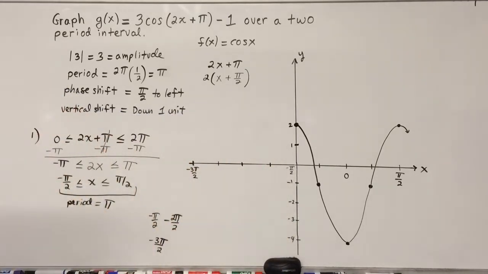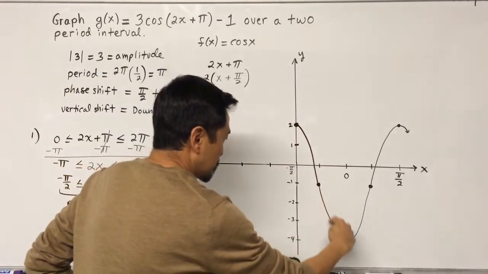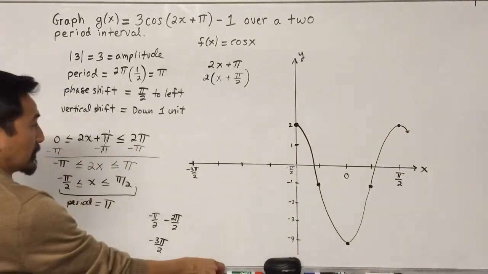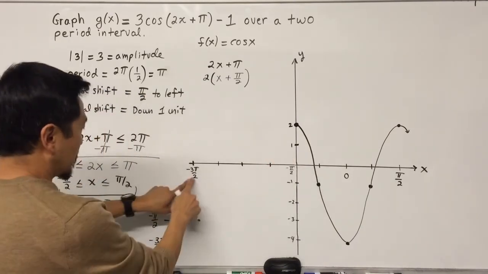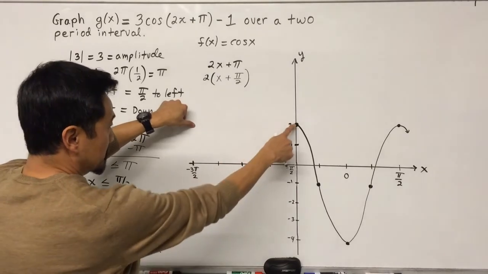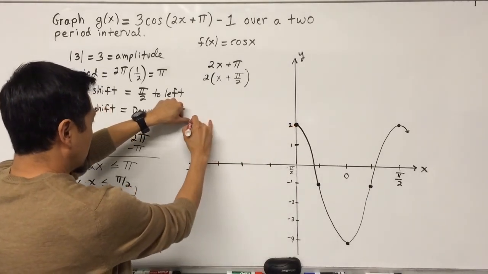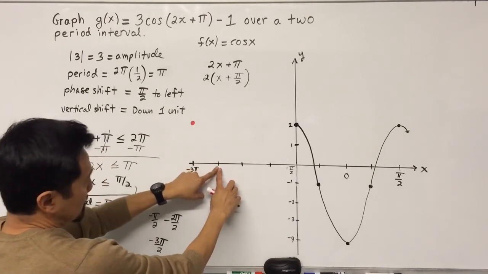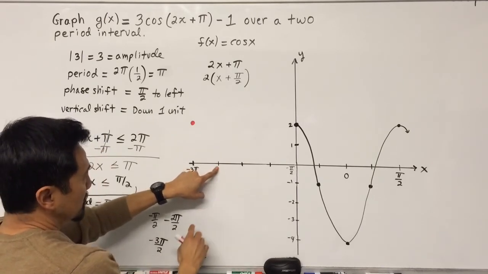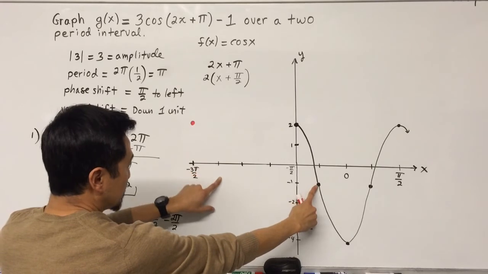And now we're going to replicate that cosine graph over this interval. So on the left endpoint, I'm going to start at the maximum, same as what I did over here. And then at the second value, this intermediate value, I'm going to decrease down to the middle.